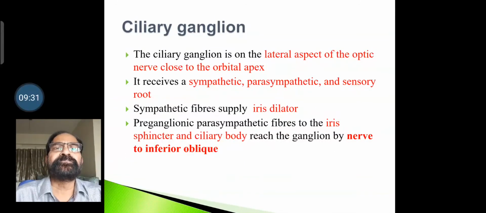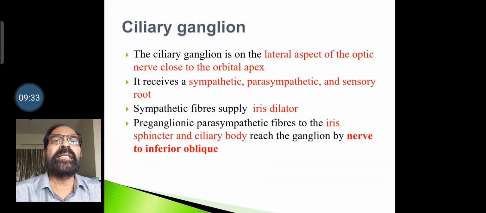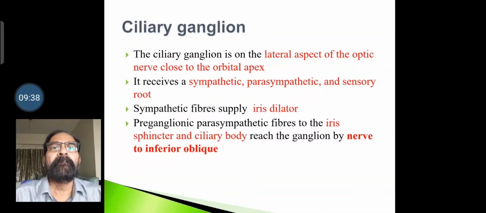Ciliary ganglion. The ciliary ganglion is on the lateral aspect of the optic nerve, close to the orbital apex. It receives a sympathetic, parasympathetic and a sensory root. Sympathetic fibers supply the iris dilator. Preganglionic parasympathetic fibers to the iris sphincter and ciliary body reach the ganglion by the nerve to inferior oblique.